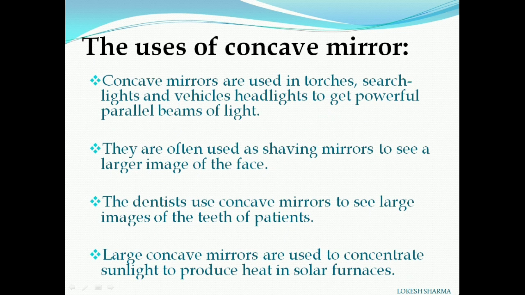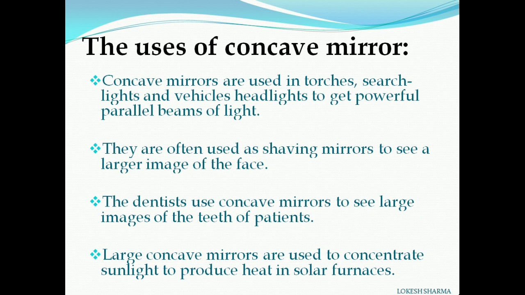The different uses of concave mirror are as follows. Concave mirrors are used in torches, searchlights, and vehicle headlights to get a powerful parallel beam of light. They are often used as shaving mirrors to see a larger image of the face.